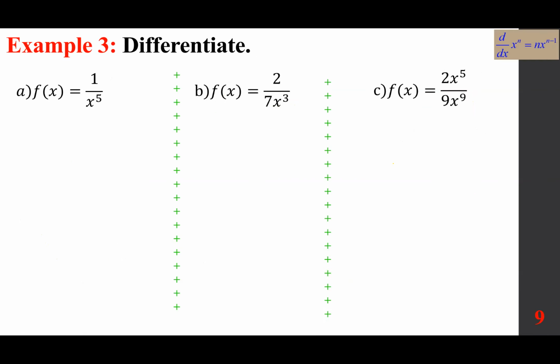Same thing happens on this page. First, we have to do algebra. So for example, the first one, I have to change it to x to the power of -5.